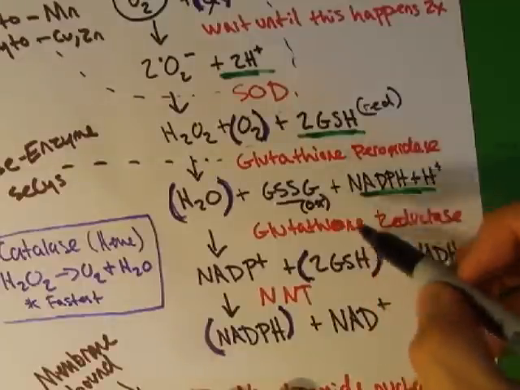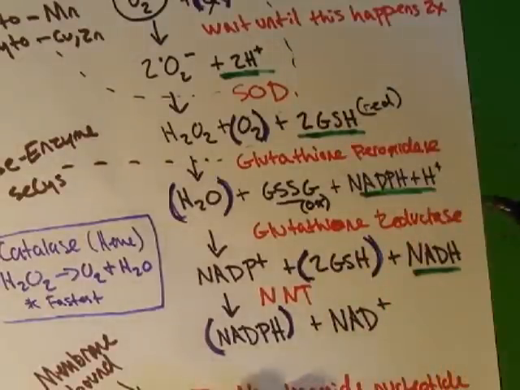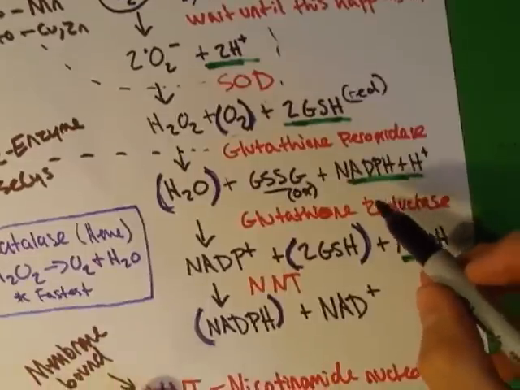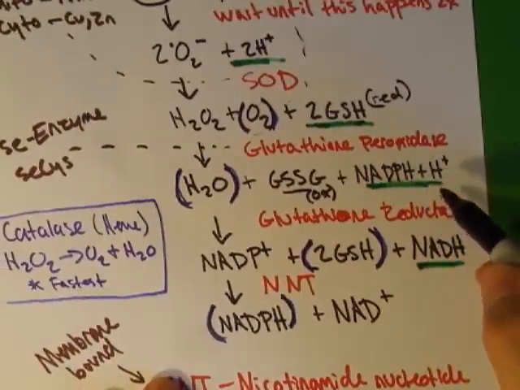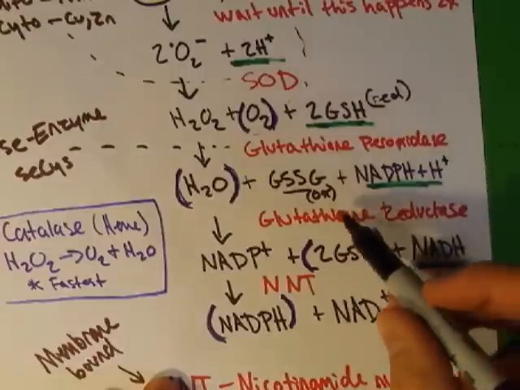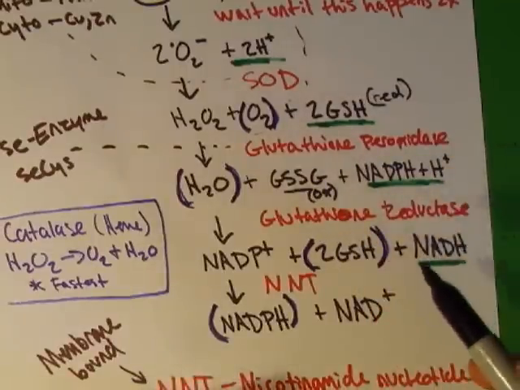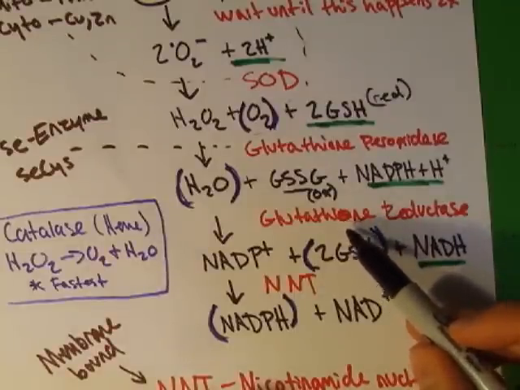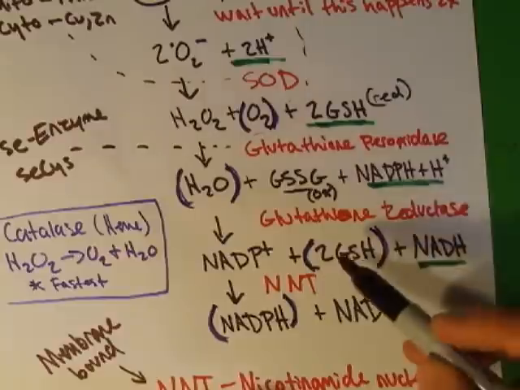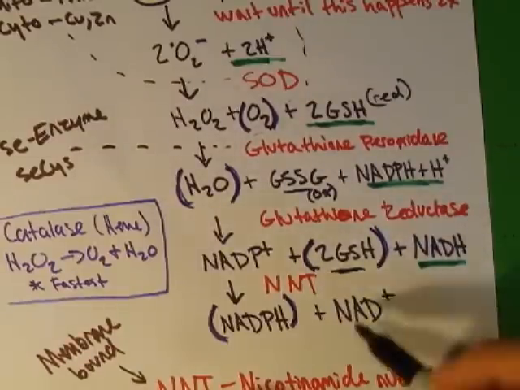And now we want to basically recycle that back into the reduced form. The reduced form is more useful for us. So we enter in NADPH plus H, and that is catalyzed by glutathione reductase. So after that reaction takes place, you have the two reduced glutathiones again.